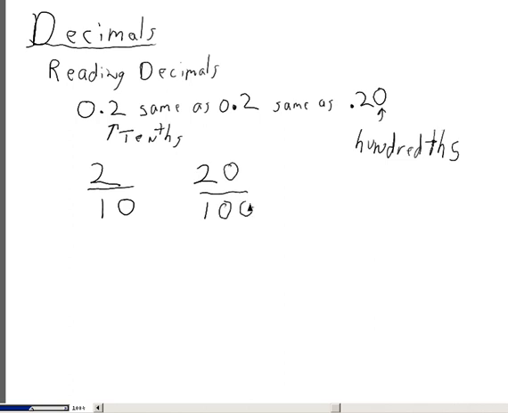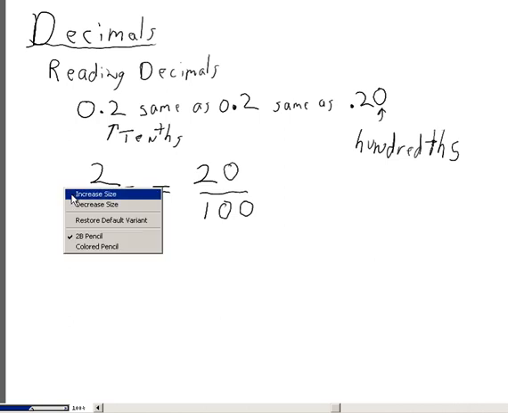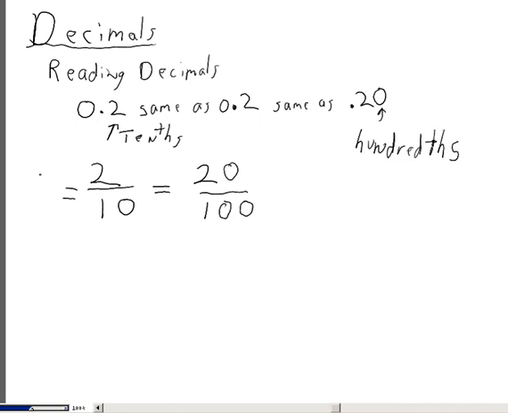Well, 10 goes into 20 2 times, and 10 goes into 100 10 times, so these are equivalent fractions. 2 tenths and 20 hundredths are exactly the same thing. And in fact, you could break this down farther and say 2 tenths is the same as 1/5, because 2 goes into 2 one time, and 2 goes into 10 5 times.